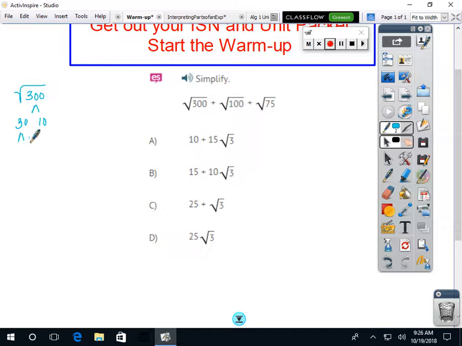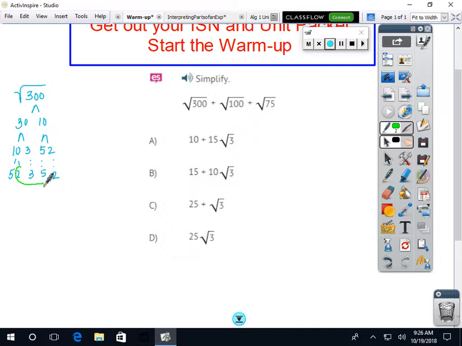Okay, 30 would then break down into what two numbers? And 10 would break down into 5 and 2 again over here, and then the 3 would drop, and then this 5 and this 2 would come down. So you do have some pairs, they're just spread out, but that's okay.